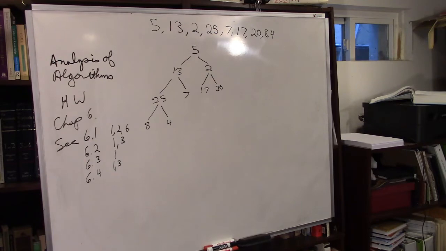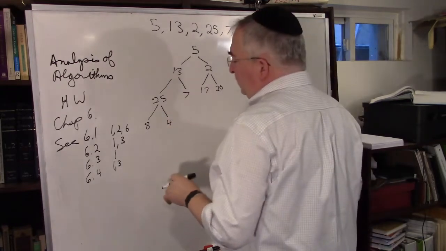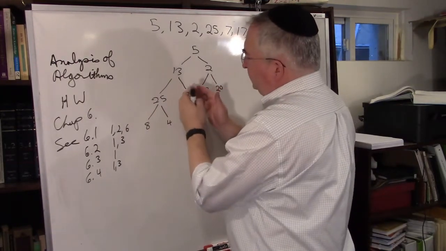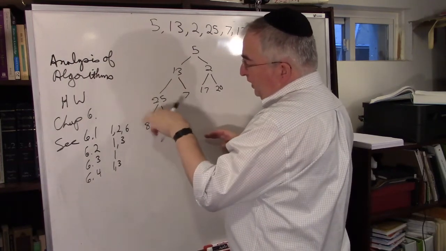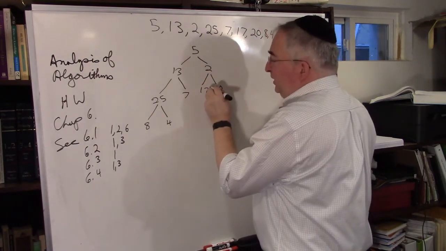Okay, so that takes care of that. That's not a heap, but it's an almost complete binary tree. That's a heap, that's a heap, that's a heap, that's a heap, that's a heap. That happens to be a heap already. That is not a heap, so let's make it into a heap.